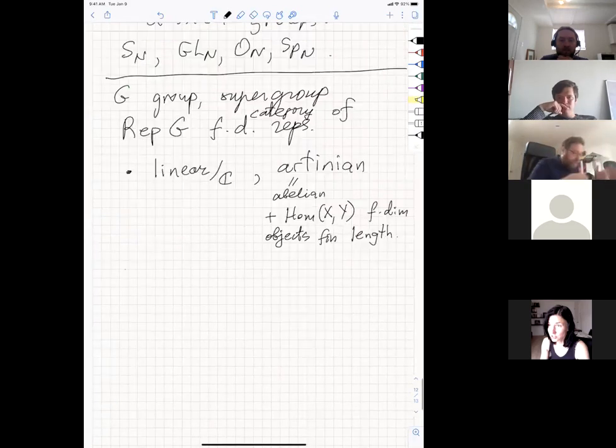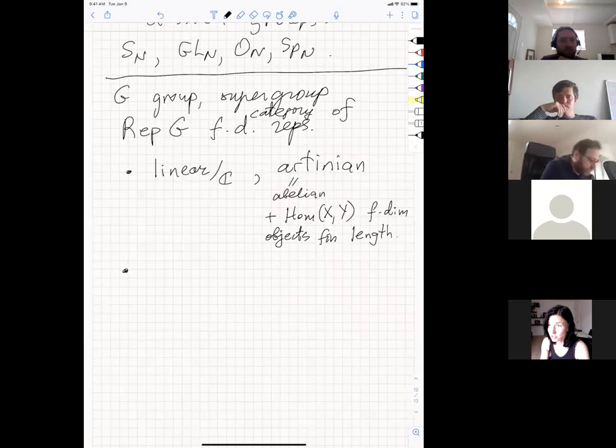Not necessarily direct, for example, if you have groups which are not compact or supergroups, it's not necessarily true that representations are unitary or completely reducible, but you can always write a composition series such that successive quotients are irreducible and the length is finite.